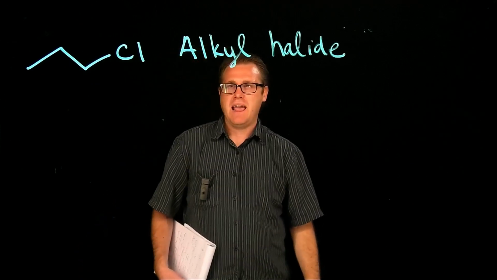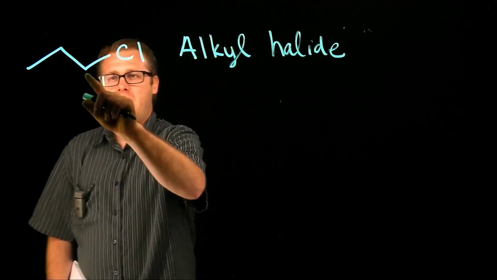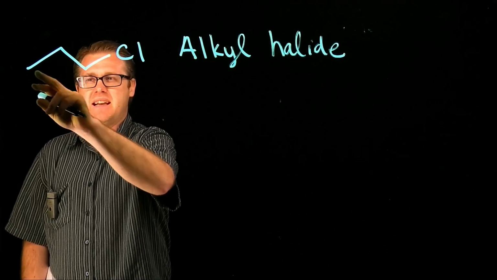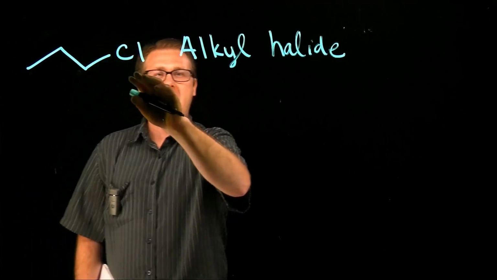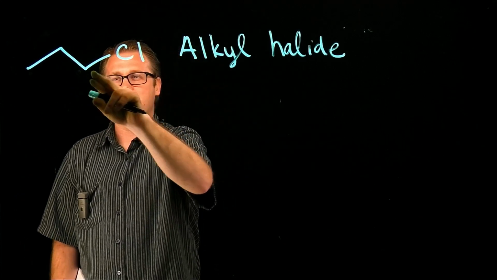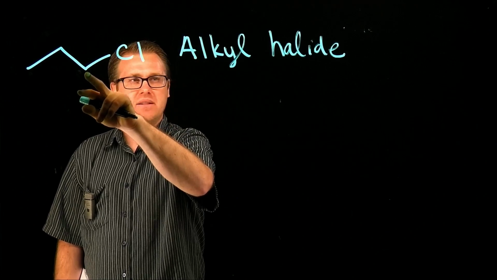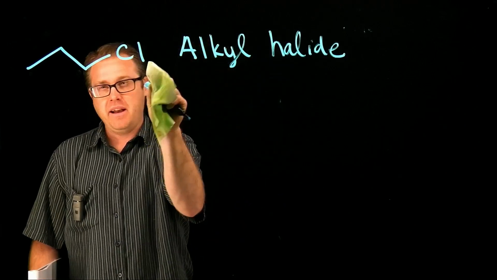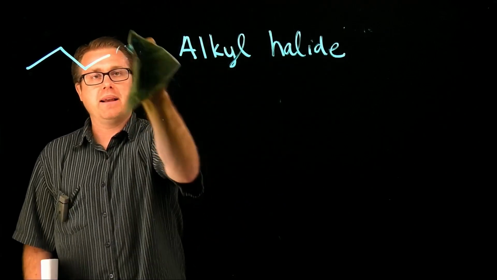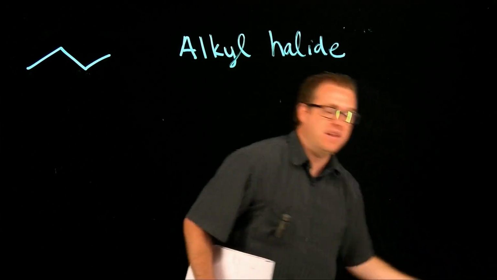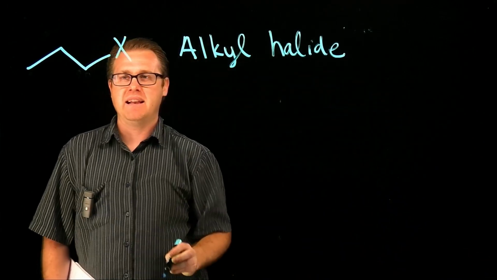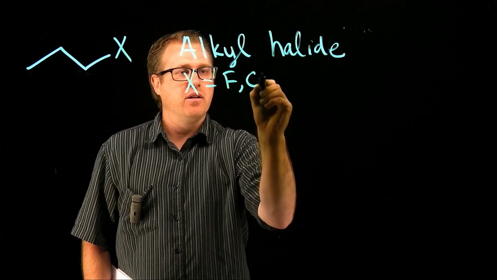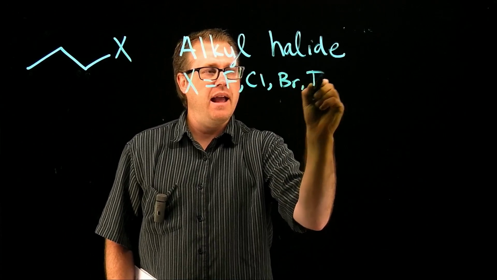And an alkyl halide is when you have carbons, a carbon chain, in this case 1, 2, 3 carbons, and you have a halogen directly attached to it. So this halogen right here is chlorine in this case, but it can be any of the halogens. So if I represent it with an X, that X could be fluorine, chlorine, bromine, or iodine.